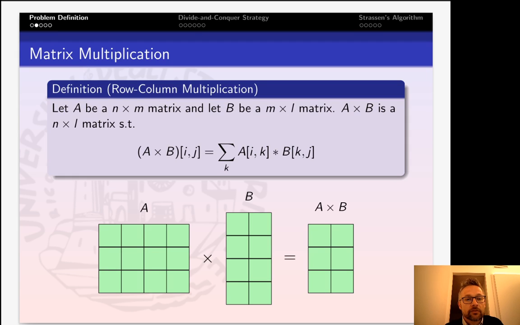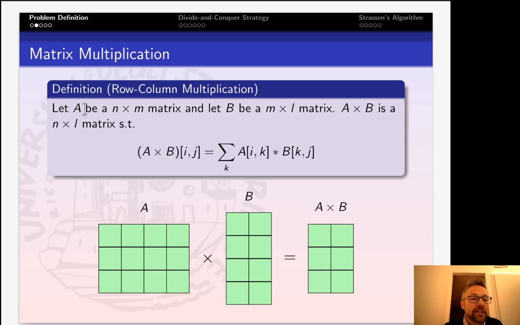Okay, so let me recap really briefly what we already saw, what we already know, which is the row-column multiplication between matrices. So just to be sure that we all know what we are talking about. So let's assume to have two different matrices, A and B, and you can see on the slide the dimension of the matrix.